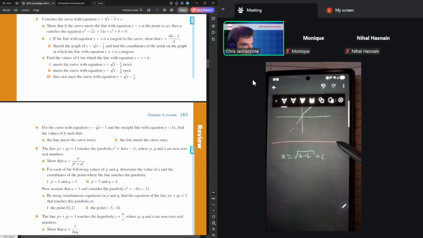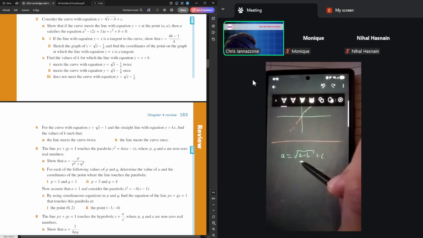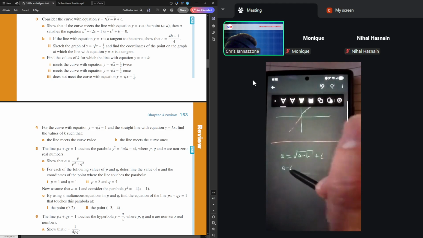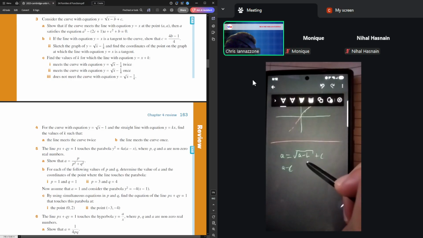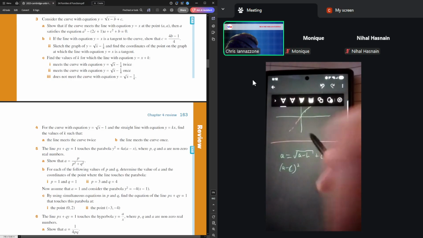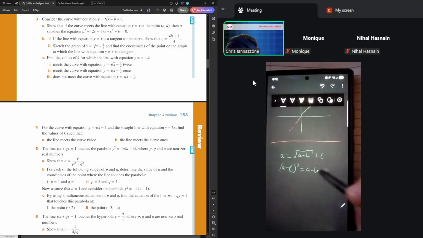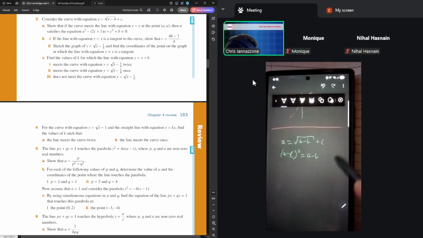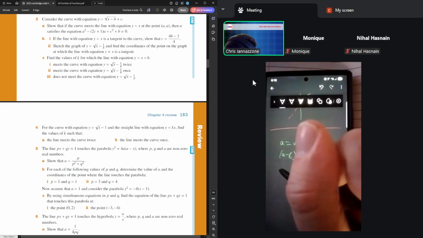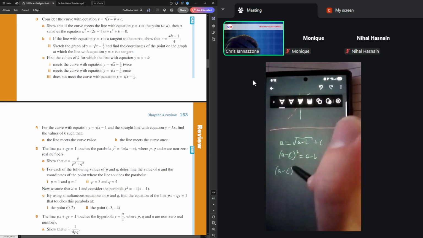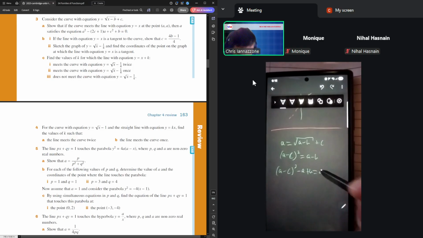And because there's a bunch of squares involved, that would be a matter of getting all this over. So you'd have A minus C, by getting the C over, squaring both sides, A minus B, bringing back these over, A minus C all squared, minus A plus B equals 0.